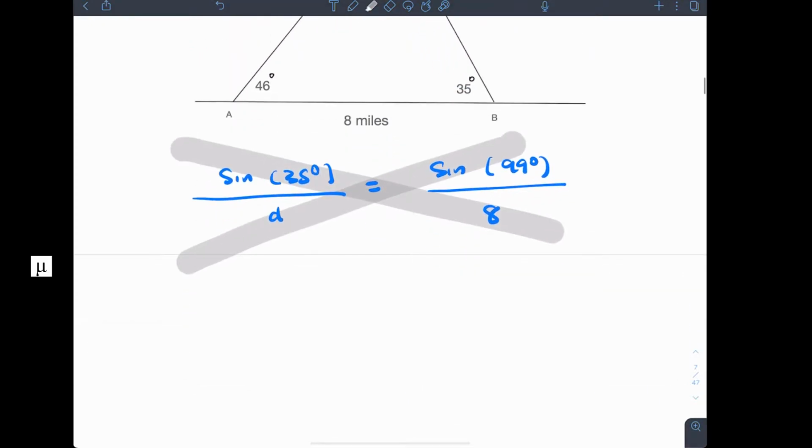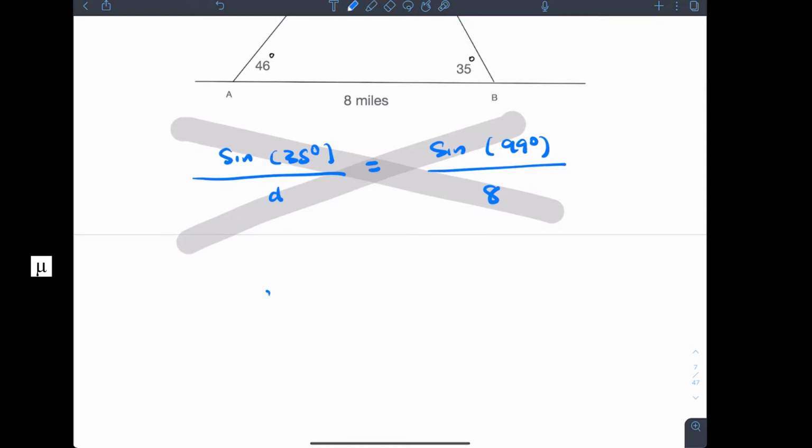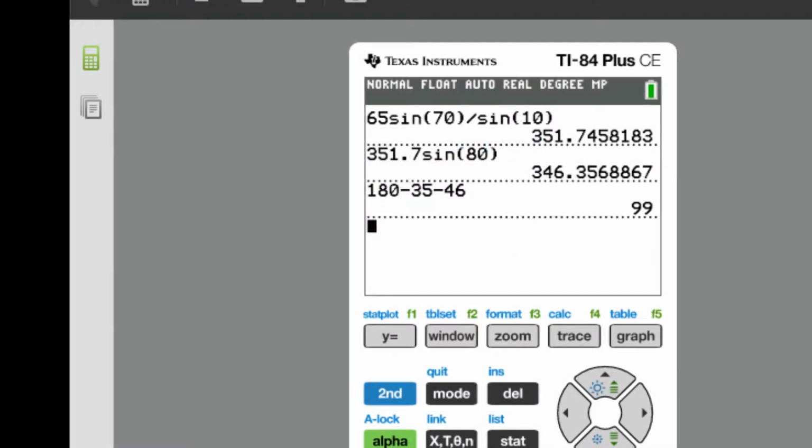Cross multiply. What do you get? What is D? Yeah, so we have going to be 8 sine of 35 degrees is going to be over eventually what? Sine of 99 degrees. Do the algebra. Okay, do the algebra on that one. Now let's see what D becomes.